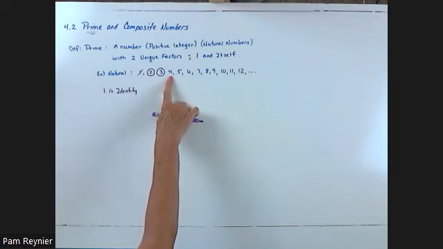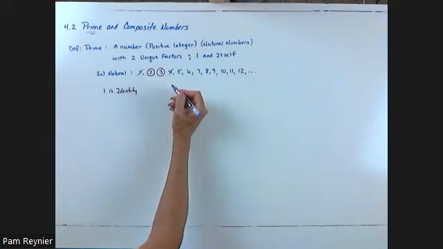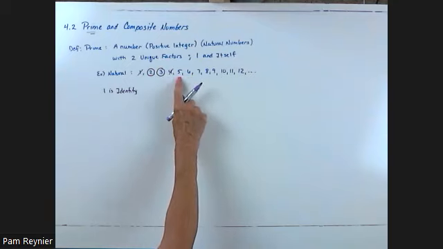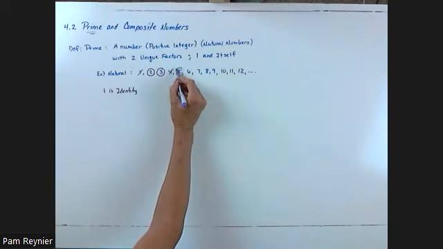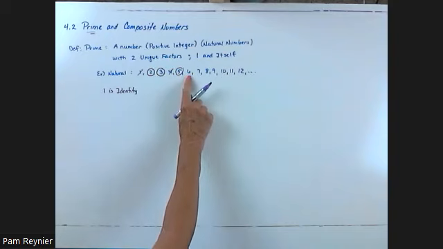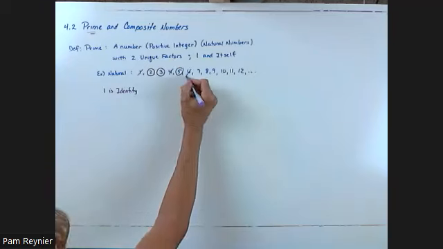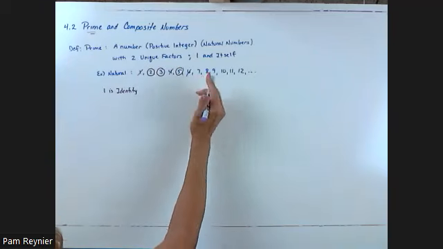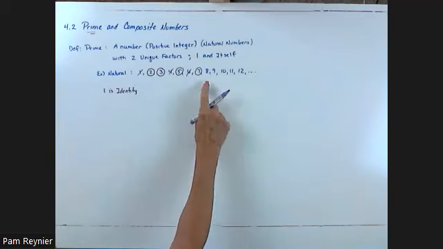Now think about 4. 4 is 1 times 4, but it is also 2 times 2. So by definition, it is not prime. 5, the only things going into 5 are 1 and 5. 6, well, 1 goes into 6, 2 goes into 6, 3 goes into 6, so it's not prime. 7, only 1 times 7.